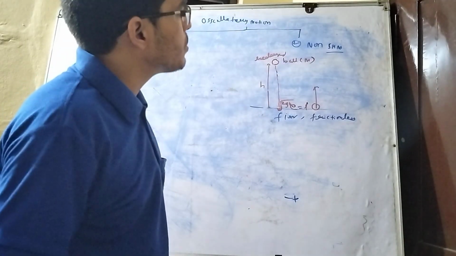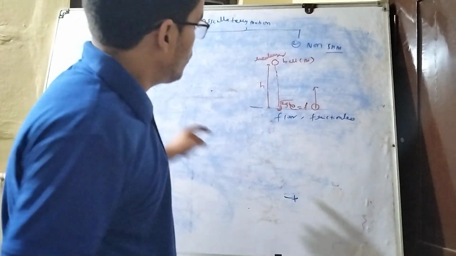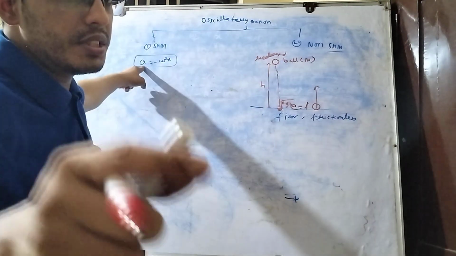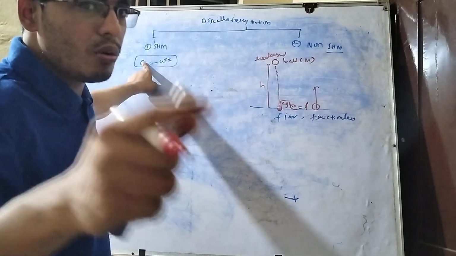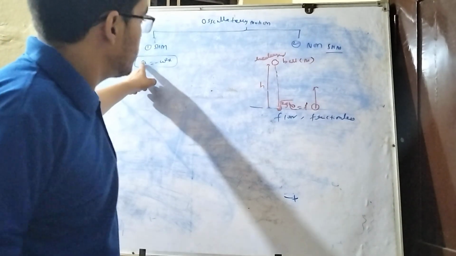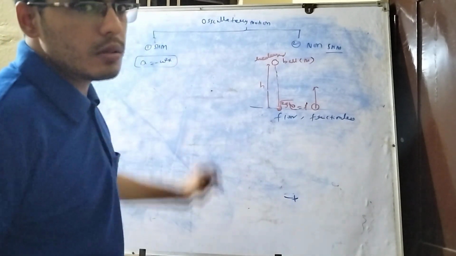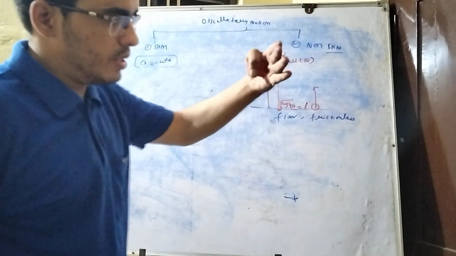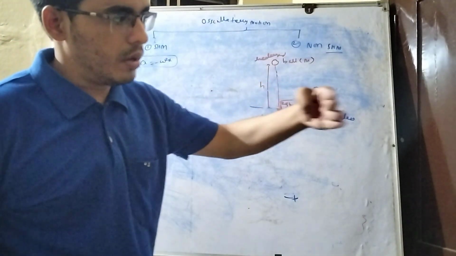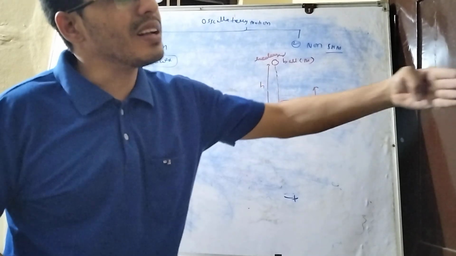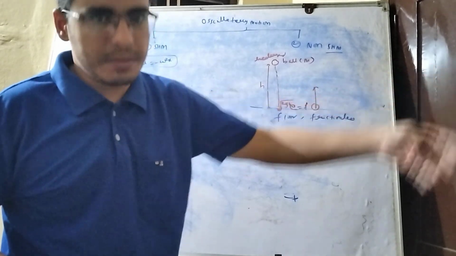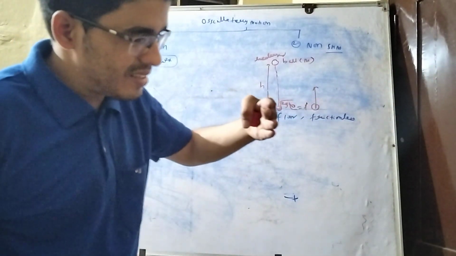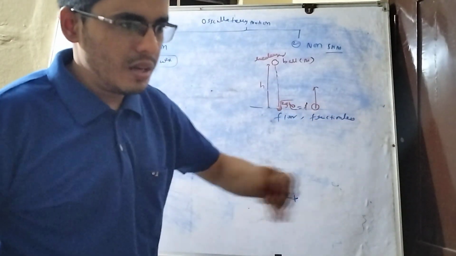No, because here the acceleration, is it variable or constant? In SHM it is variable, because the acceleration depends on x. What is x? The displacement from the mean position. Suppose the block goes away, the x value increases, so the acceleration also increases. Means acceleration is variable everywhere.